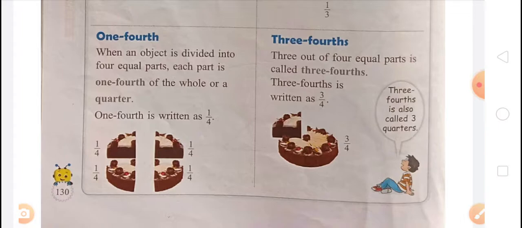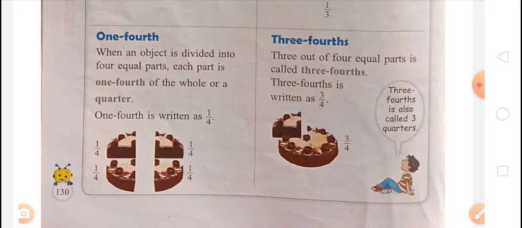In other words, when an object is divided into four equal pieces, each piece is 1/4 of the whole or complete object, and that is also called a quarter.